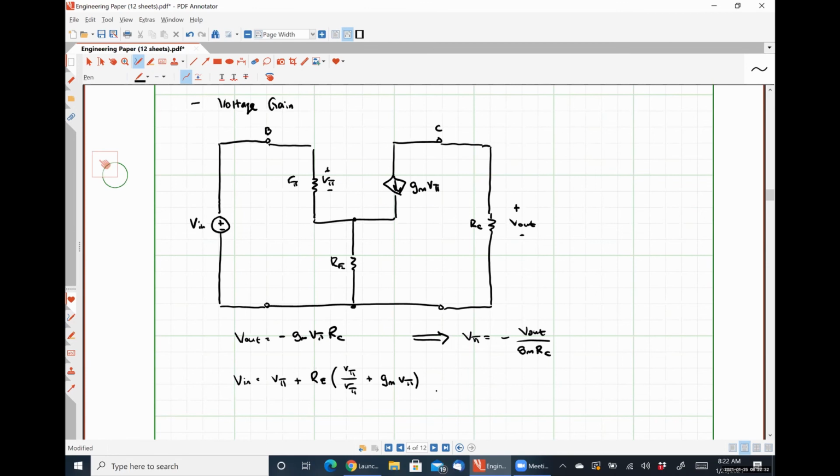So that's the voltage drop over my resistor R pi plus the voltage drop over my resistor RE gives me Vn. Fairly straightforward using Kirchhoff's voltage law.